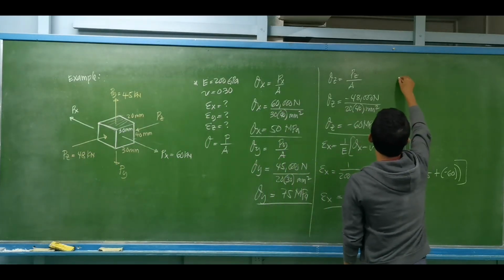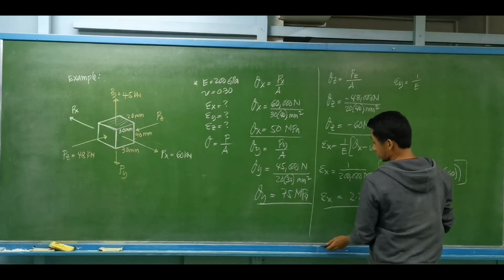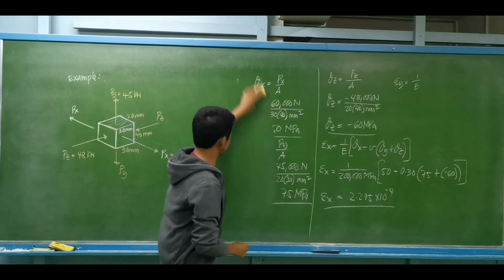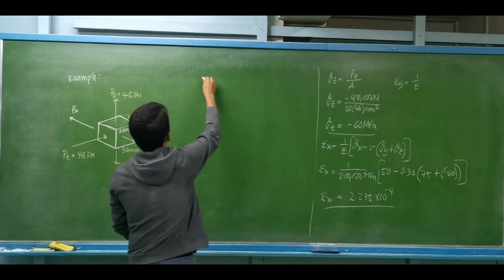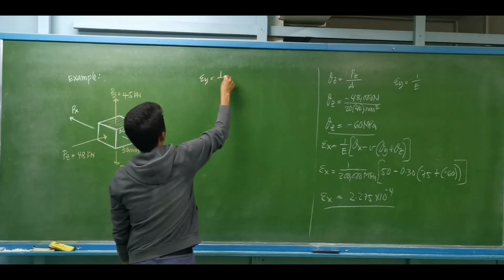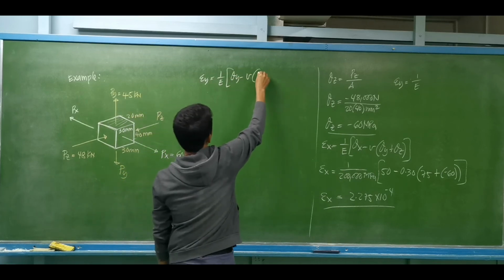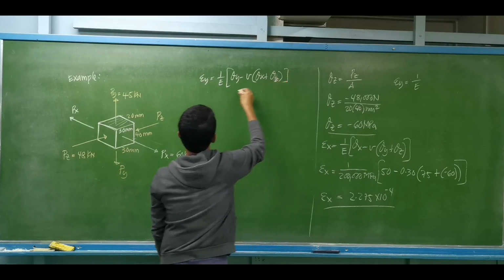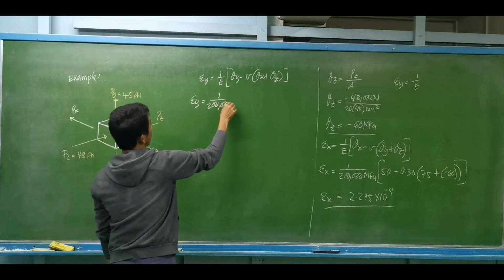Then we have the strain along y is equal to 1 over E multiplied by sigma y minus the Poisson's ratio multiplied by the stress along x plus the stress along z. So the strain along y is equal to 1 over 200,000 megapascals.